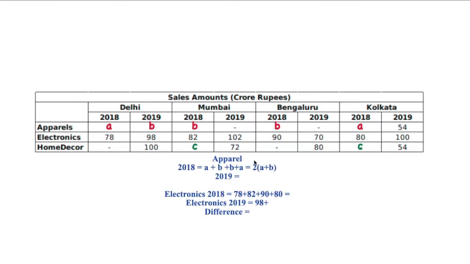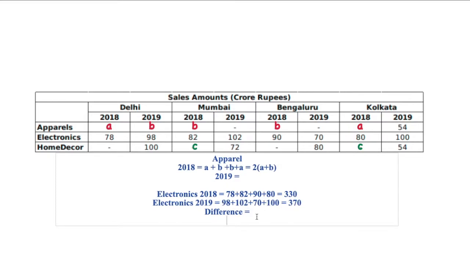So let us see. For now, this is the current information we have. We don't know these values, so let it be like that for right now. And in electronics we can see that for 2018 it is 330, and for 2019 it is 98 plus 102 plus 70 plus 100, which is equal to 370.